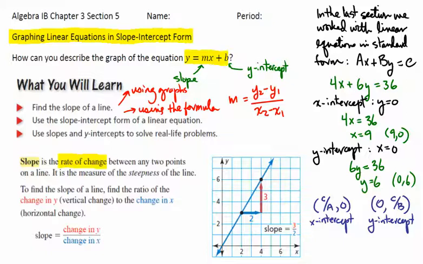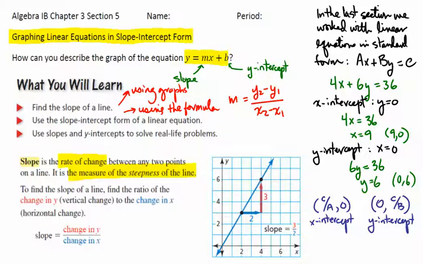Second of all, slope is the measure of the steepness of a line. So when a line is very steep, we'll expect the slope to be very large. When a line is not steep, we expect the slope to be very small. The slope will also tell us whether the line is rising from left to right, it will be positive in that case, or falling from left to right, and it will be negative in that case.